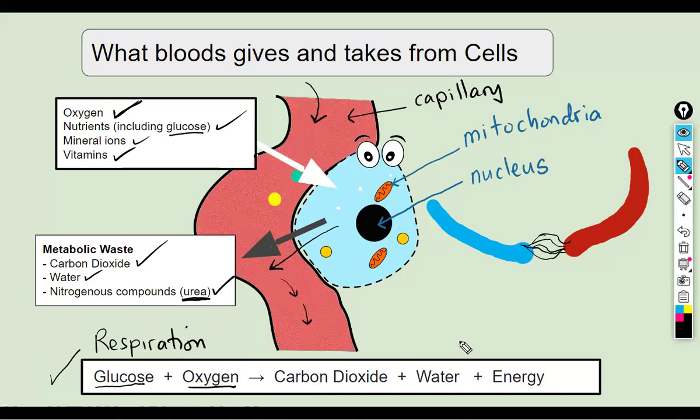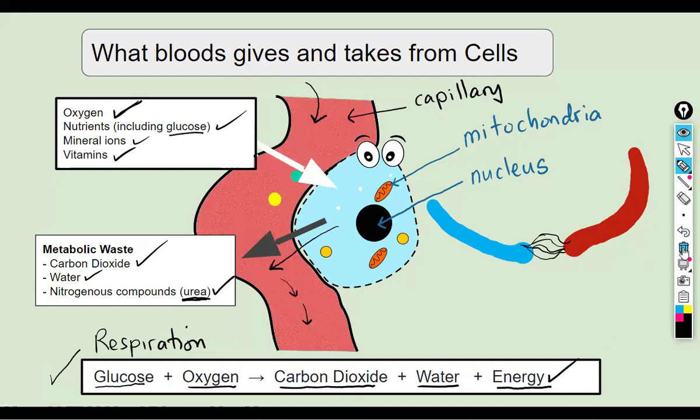And you will get 4 things out of it, well, actually 3 things here: carbon dioxide, water, and energy. This is where you get your energy from. The carbon dioxide and the water are not really useful, so these are considered waste products. The energy is the only useful thing produced in respiration.